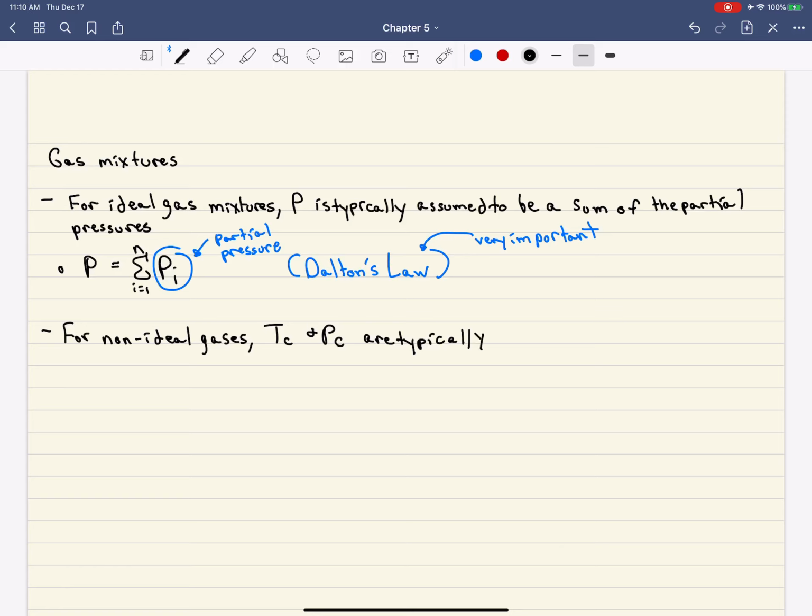So Tc and Pc are typically assumed to be weighted averages of the individual components.